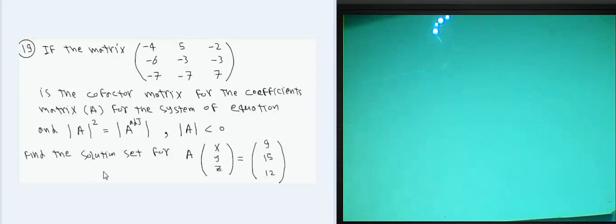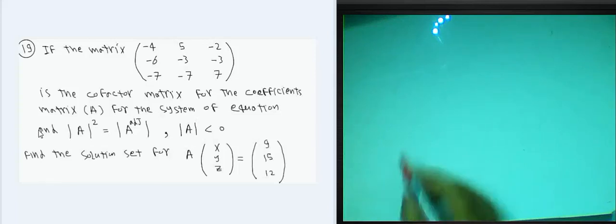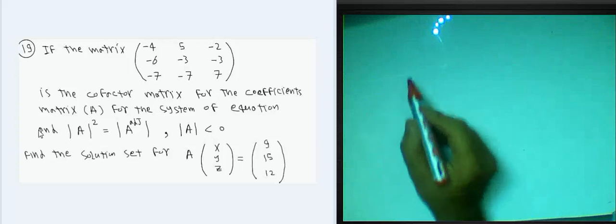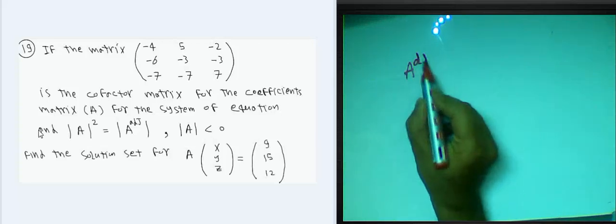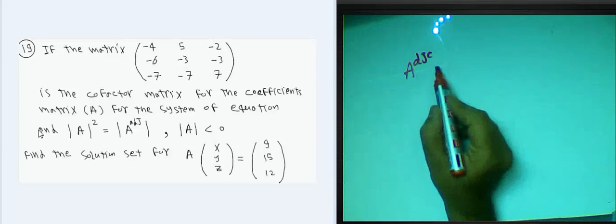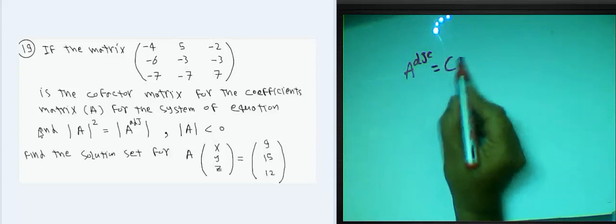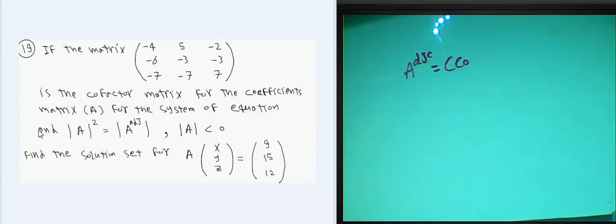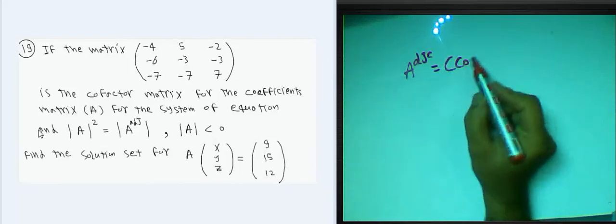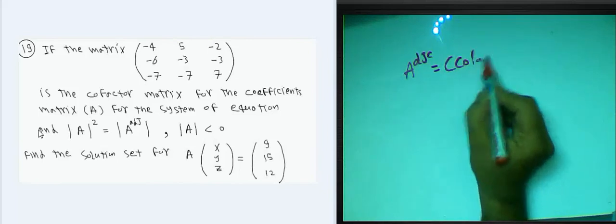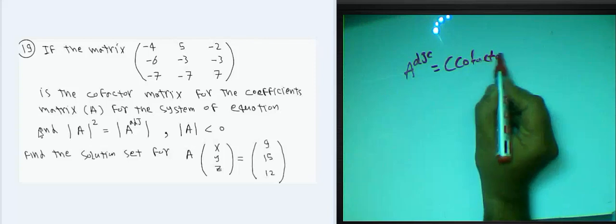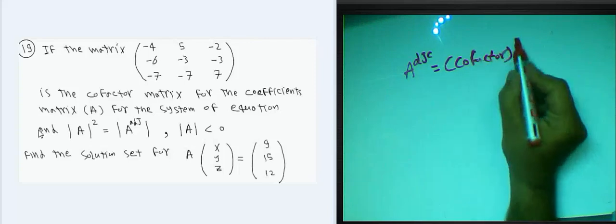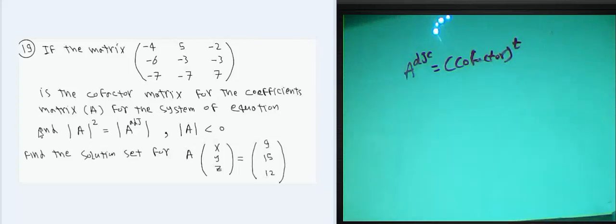Find the solution of this system. He gave us this information: cofactor matrix for the coefficient matrix A. You can write A adjoint. It means A adjoint equals the transpose of the cofactor matrix.